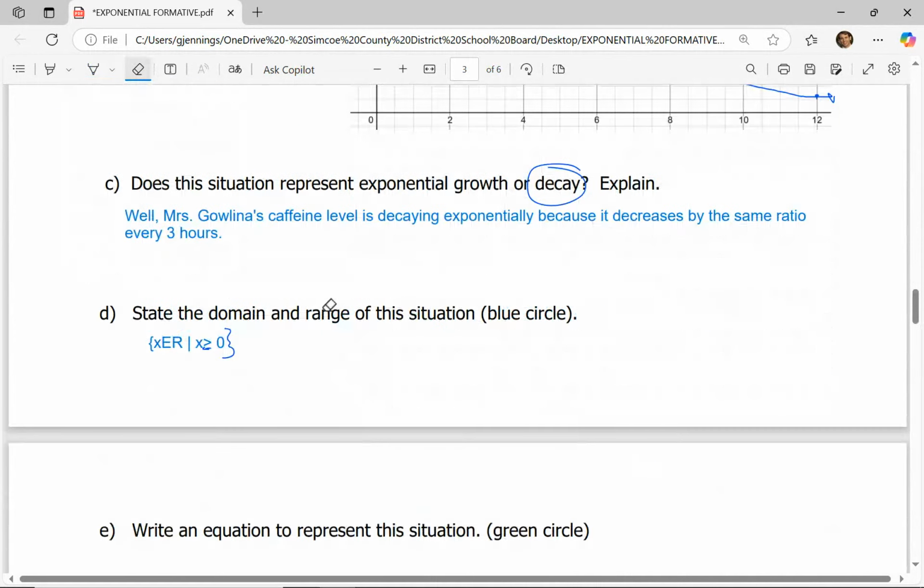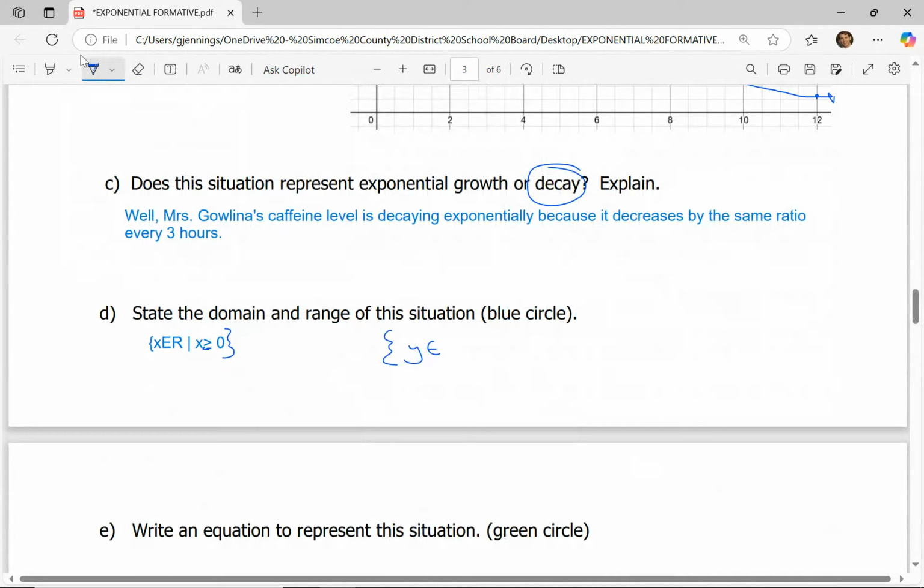Okay, but then we want the y values, and so y is also of the real numbers. Y is of the reals, and 200 is the biggest.